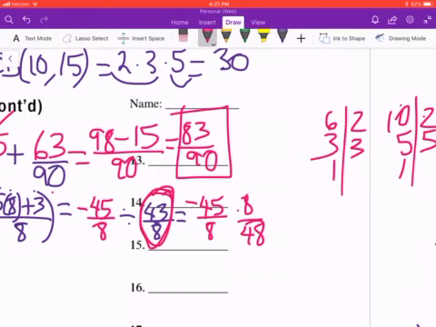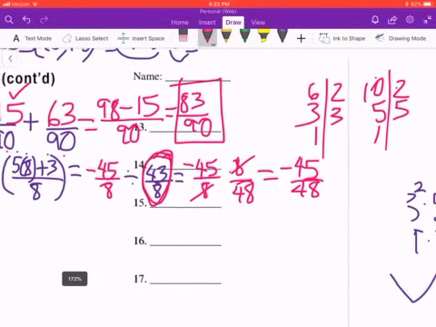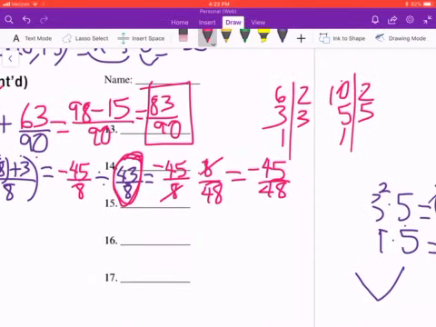Remember, we're taking the reciprocal of this one. And so here, one thing we can do is just cancel the 8 and the 8 because we know that is equal to 1. So then we're just left with negative 45 over 48. And that was problem 13.